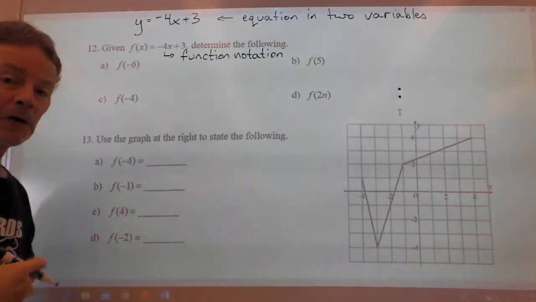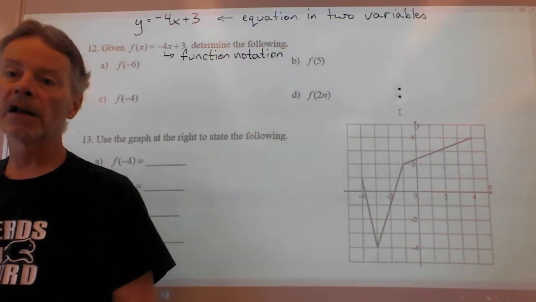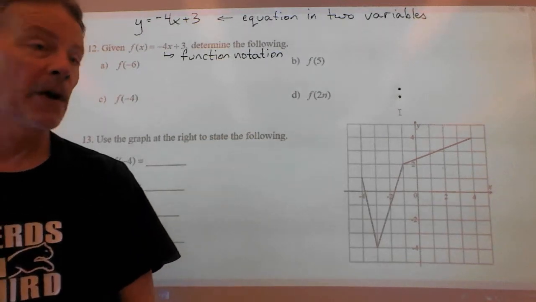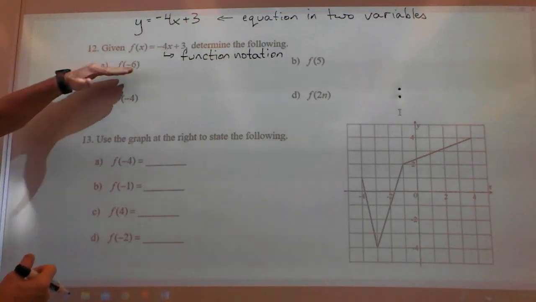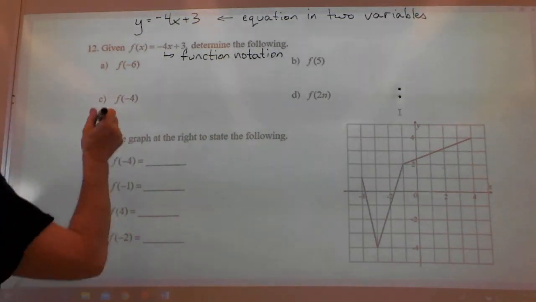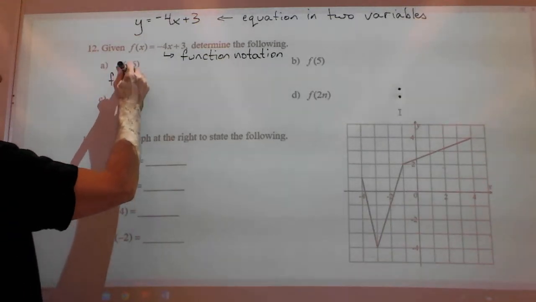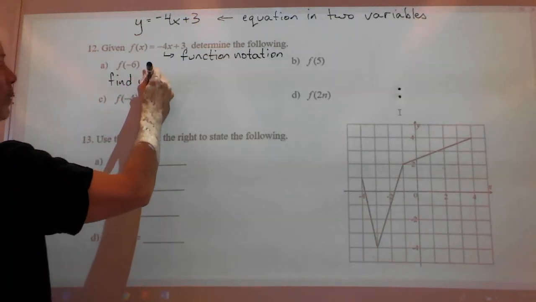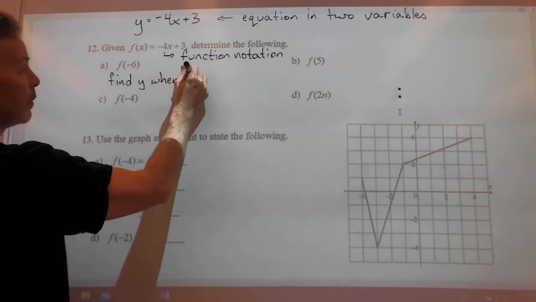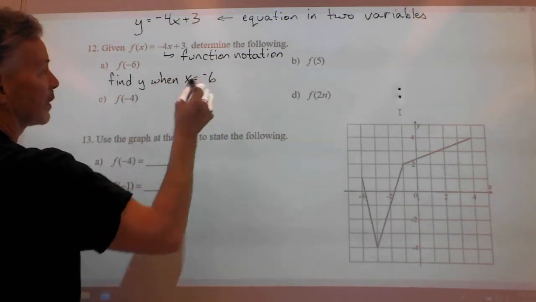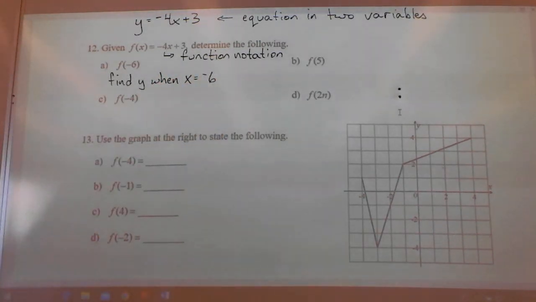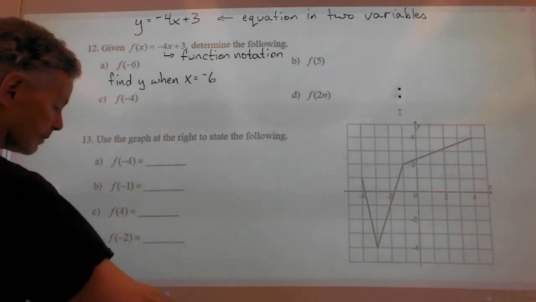In terms of how you deal with them mathematically, they're pretty much the same. Okay? So what this is saying to you is find y when x equals -6. Okay? So we'll do that.